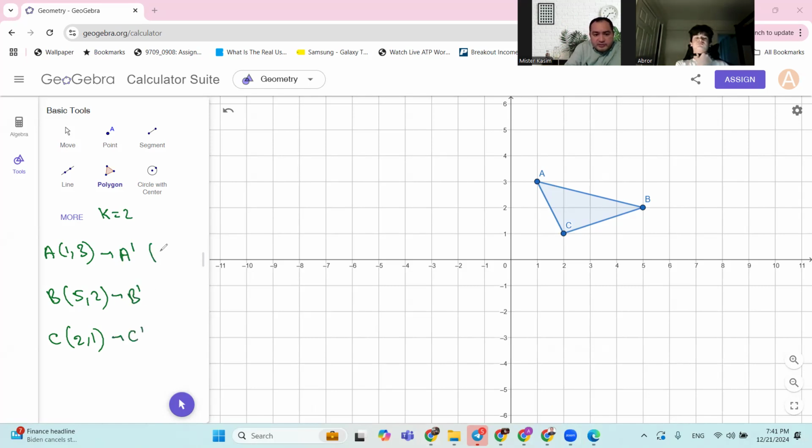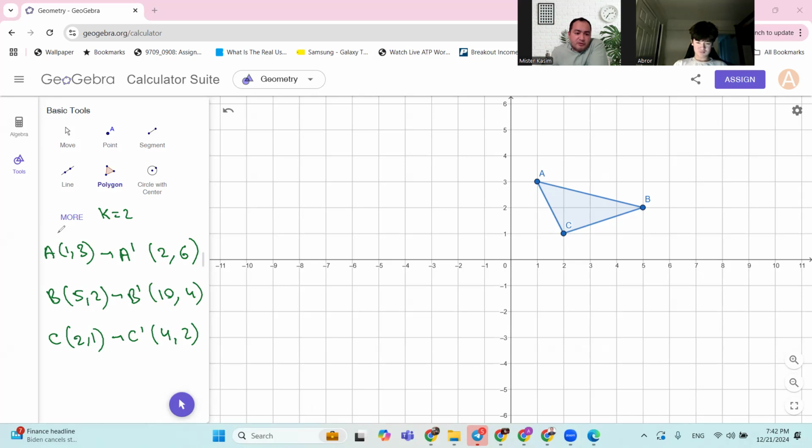So 1 times 2 is 2. 3 times 2 is 6. 5 times 2 is 10. 2 times 2 is 4. And 1 times 2 is 2. The good thing about coordinate geometry is that if you are just given coordinate points, you can plot the image, and you will see a very accurate copy of this figure, which is bigger or smaller.